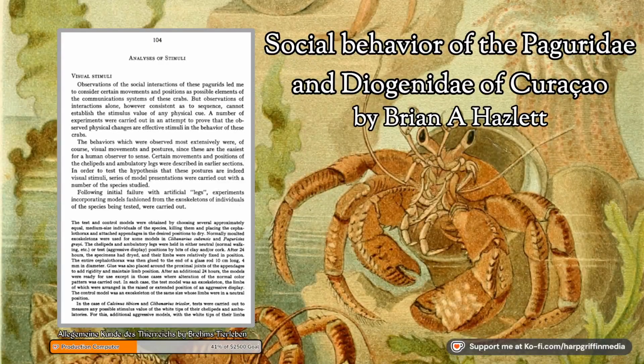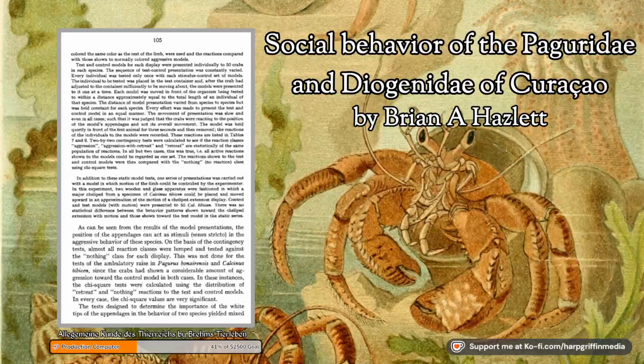In the case of Calcinus tibicen and Clibinarius tricolor, tests were carried out to measure any possible stimulus value of the white tips of their chelipeds and ambulatories. For this, additional aggressive models with the white tips of their limbs colored the same color as the rest of the limb were used, and the reactions compared with those shown to normally colored aggressive models.